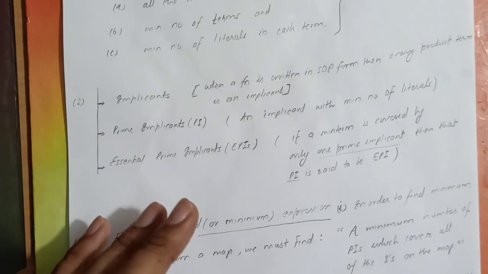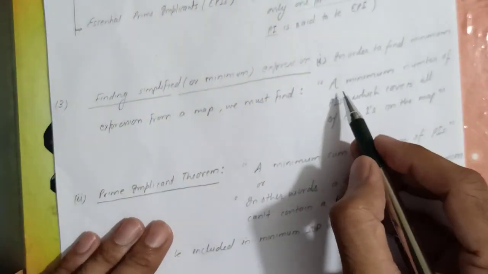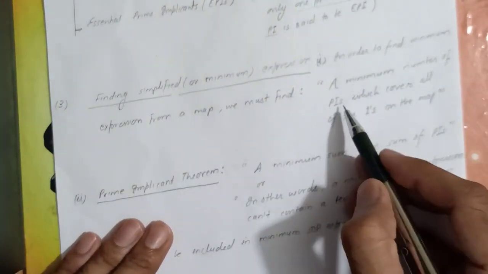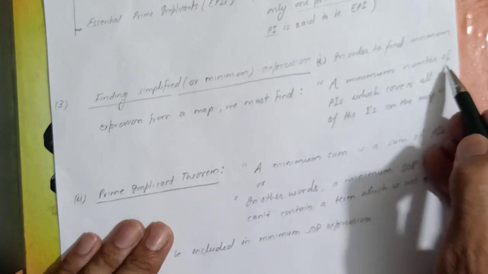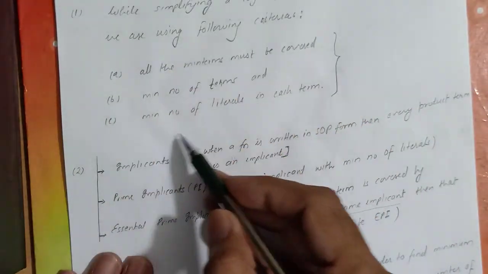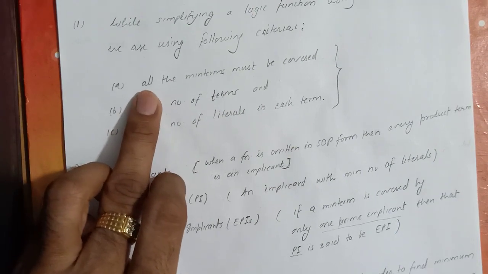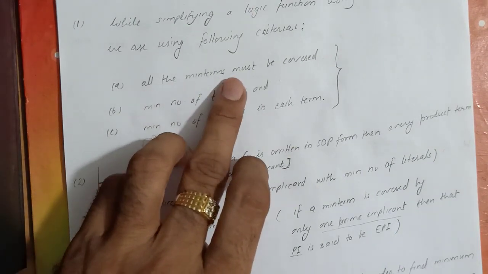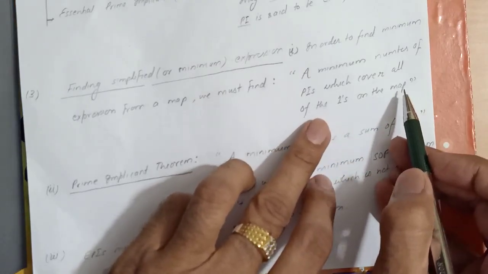With the help of this statement, a minimum number of PIs which cover all the ones on the map, we are restating these three conditions, because in the first point we have written all the ones must be covered. So here also we have written all the ones must be covered.